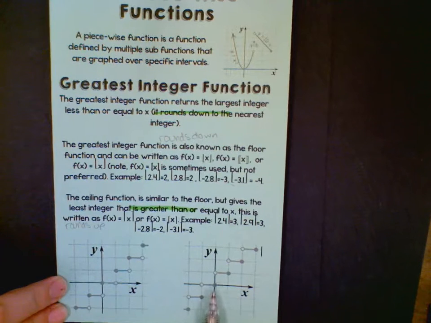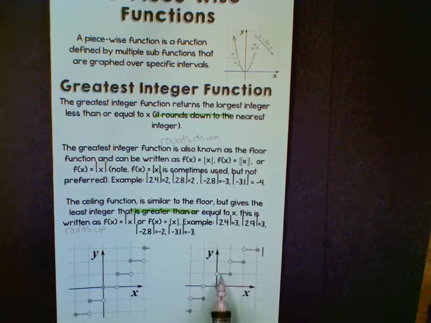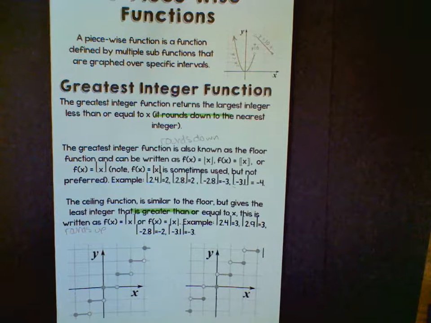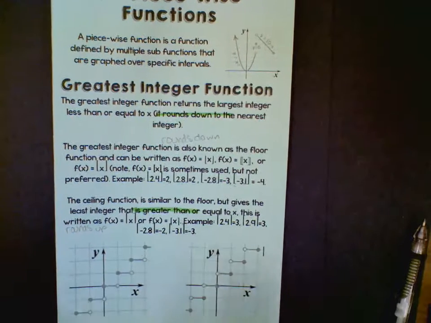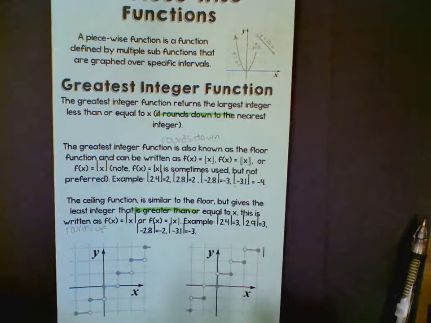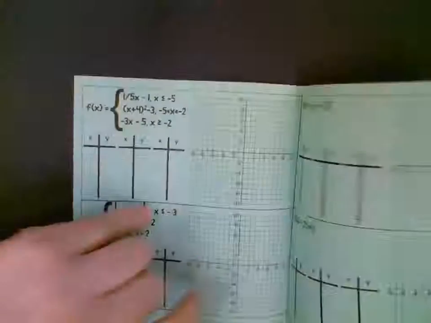Whereas these ones are rounding up: at 0.5 we rounded up, 0.6 we rounded up. So that's the difference between the two. We're not going to graph this one, we're only going to graph this one. These are also called step functions, because they look like steps. Okay, so let's start with our piecewise functions and then we'll get to that crazy step thing.